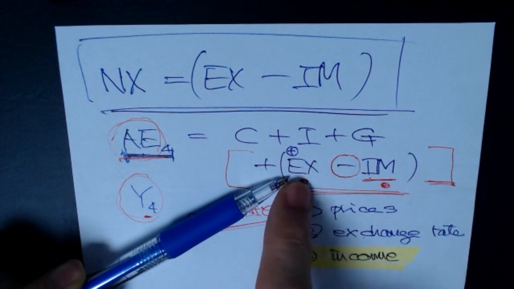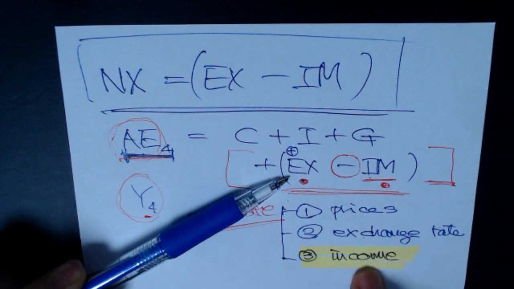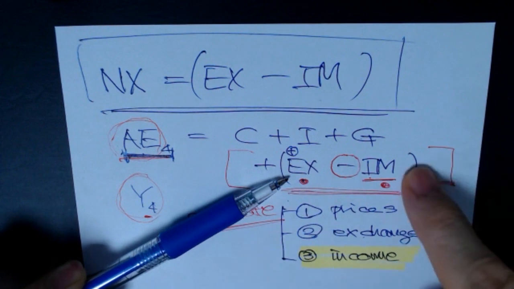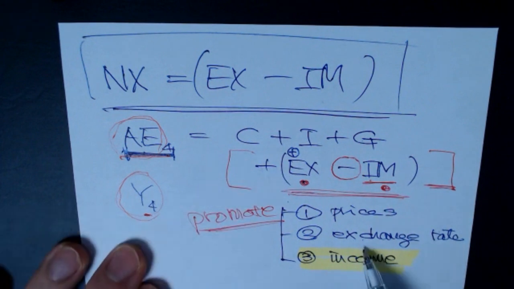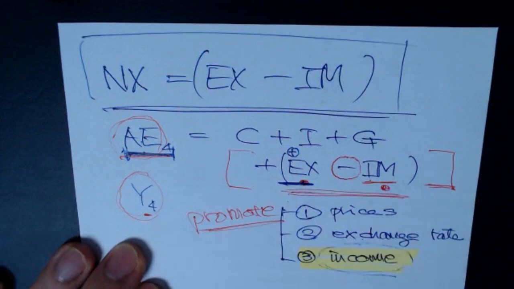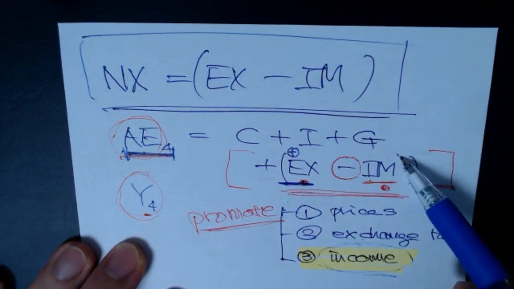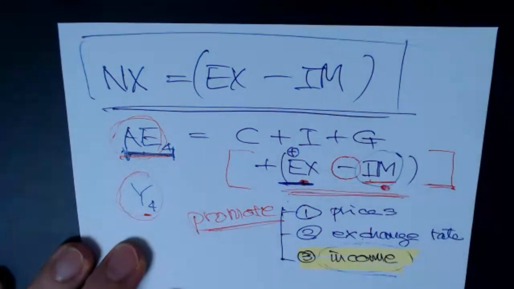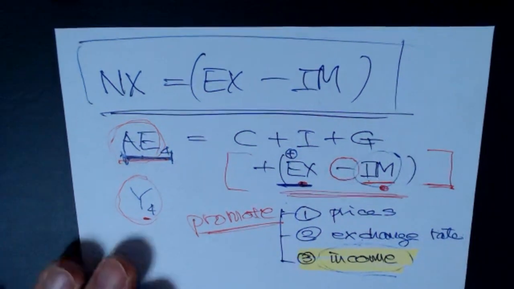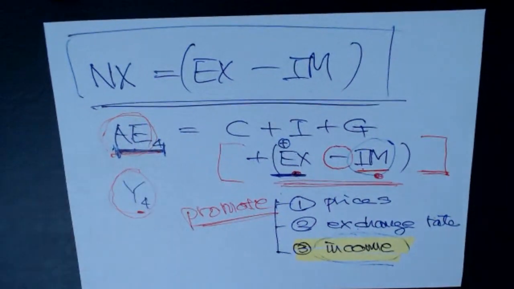So foreign income positively affects export, and national income affects import negatively. Richer foreigners, greater the amount of export. Richer domestic people, greater the amount of import. Okay, so we have such a relationship.